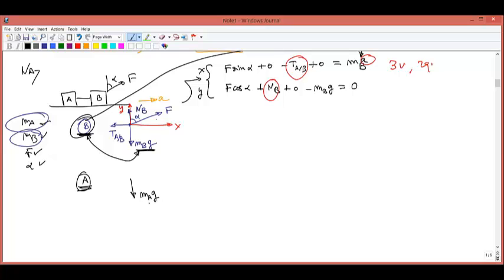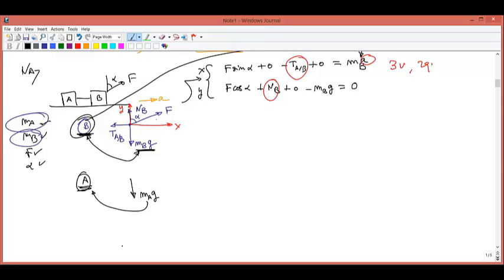If you pick A, the weight has to be the weight of A. That is, there should never, ever be the weight of B showing up in the free body diagram on A, and vice versa. That's a very, very common mistake if the blocks were on top of each other. So we're going to revisit this soon.